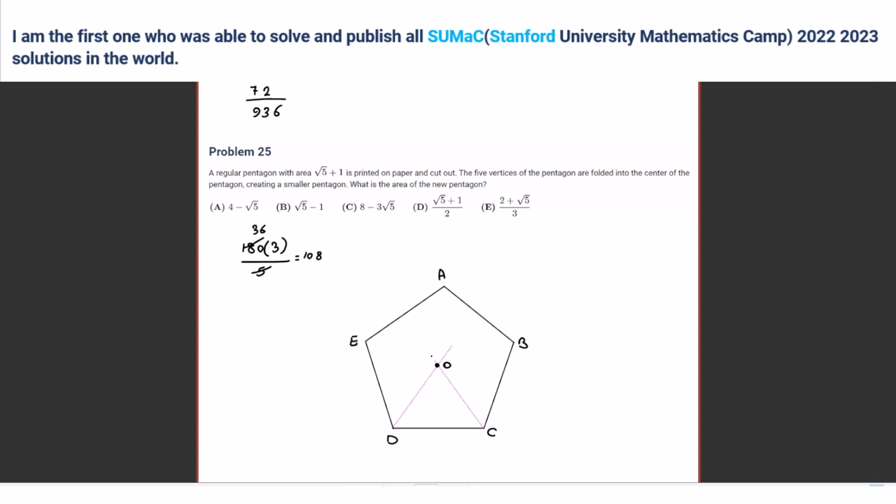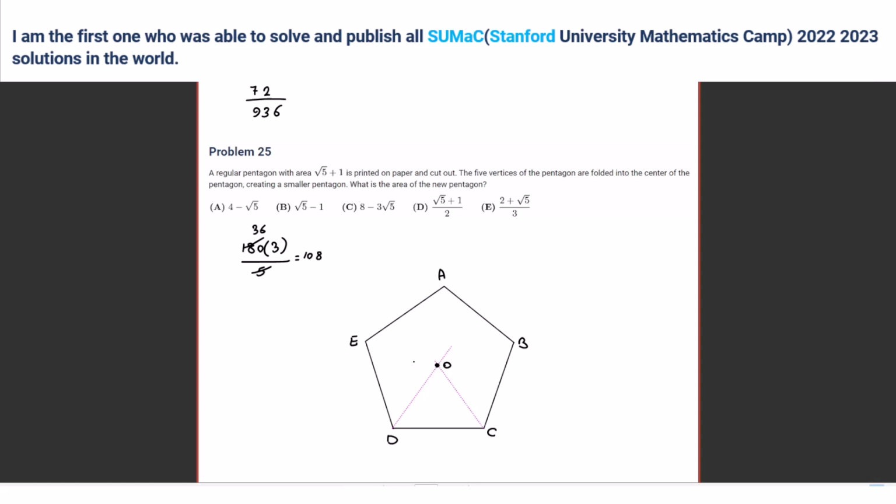Can you tell me, if you want to create a new pentagon, then the figure would be what? For example, it is A. How can I find A prime? A goes to the center, right?